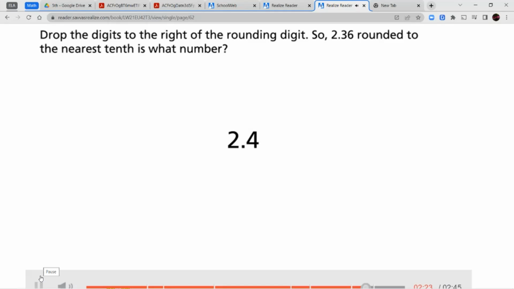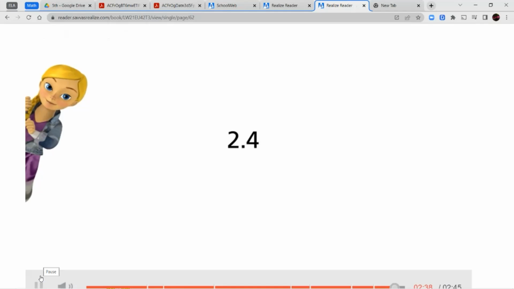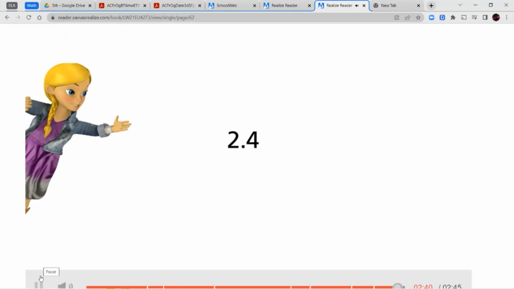So, 2 and 36 hundredths rounded to the nearest tenth is what number? 2 and 36 hundredths rounds to 2 and 4 tenths. Rounding can help you find which tenth or hundredth a decimal is closer to.